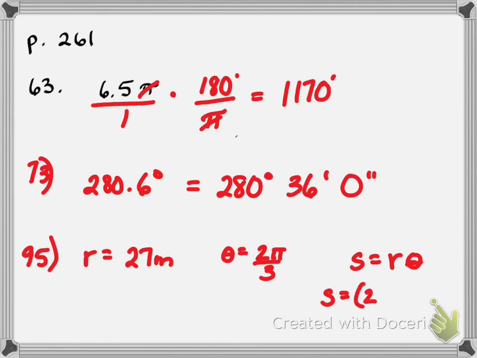And then we just multiply 27 meters times 2 pi over 3 radians. I'm going to go ahead and cancel the 3, reduce 3 and 27. And so S is 18 pi meters.